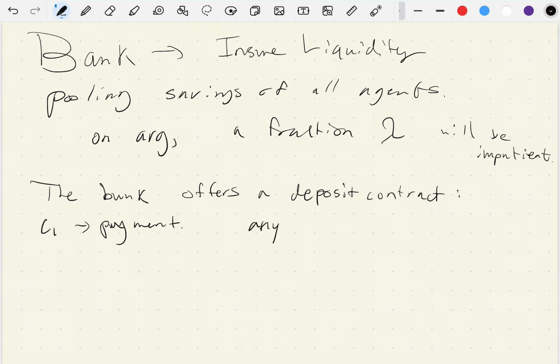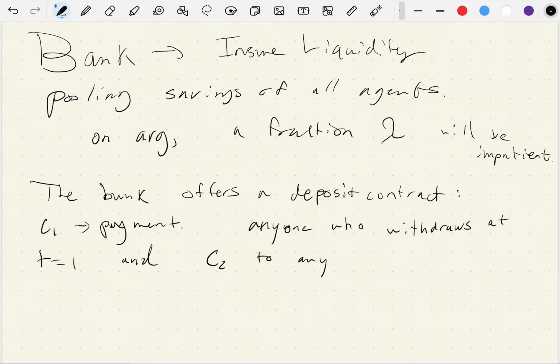All right, and this is basically aimed at anyone who withdraws at t equals 1. And it also gives C2 to anyone who withdraws at t equals 2.